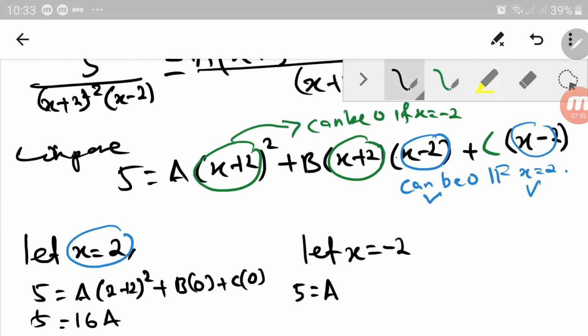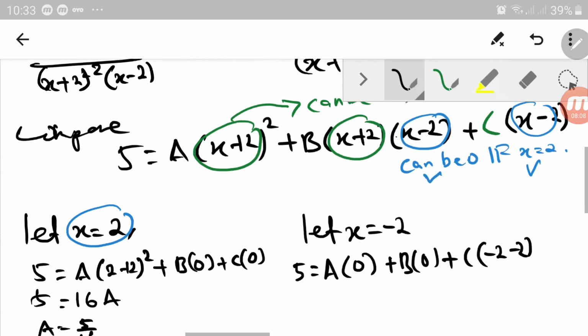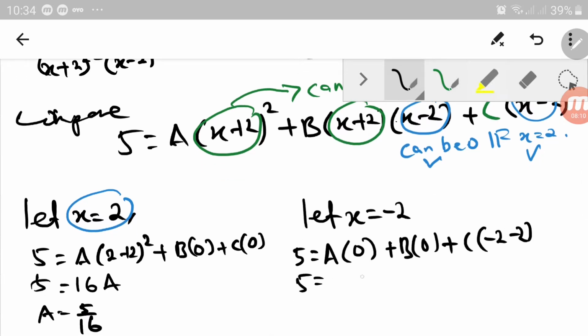Okay, 0, and then plus b times 0 plus c times (minus 2 minus 2). And then we have 5 equals minus 4c. Therefore c is minus 5 over 4.